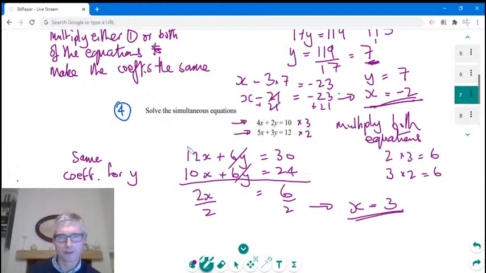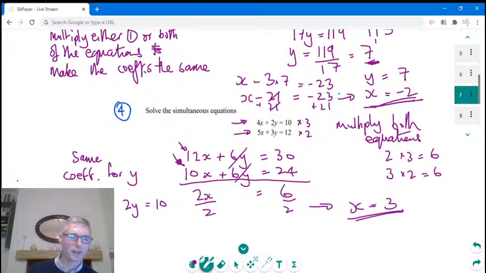It's better to go back to the original equations, which are simpler, rather than the ones we've multiplied up. So don't put the value for the x into either of these two. Go back to the beginning and put it into there.